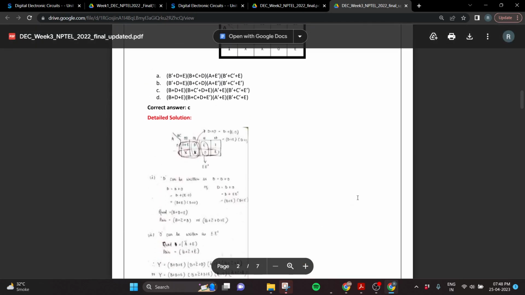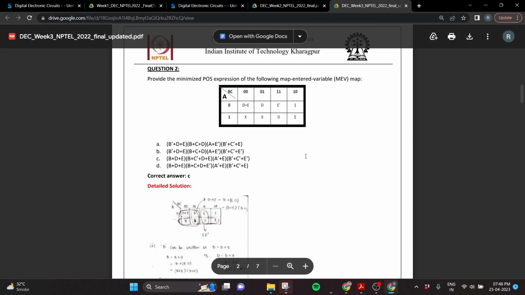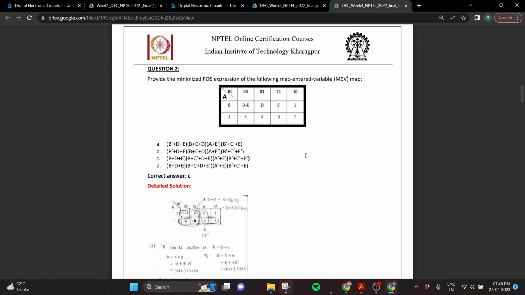I think I have not solved it. So let me see. Question is, we have the K map. A bar A, B bar C bar, B bar C, B C bar, B C, B C bar.